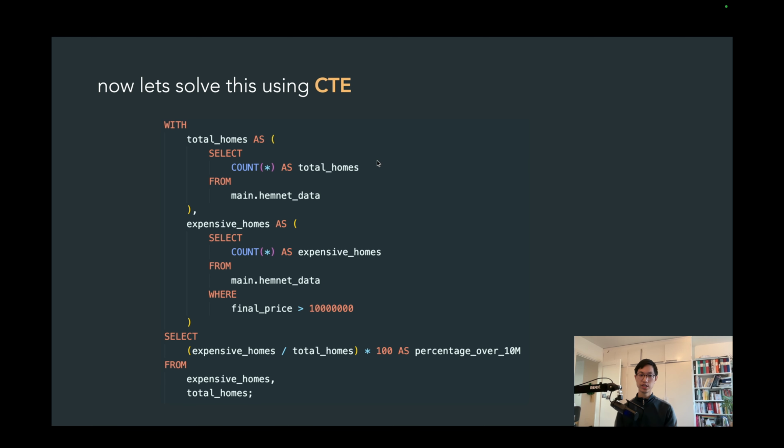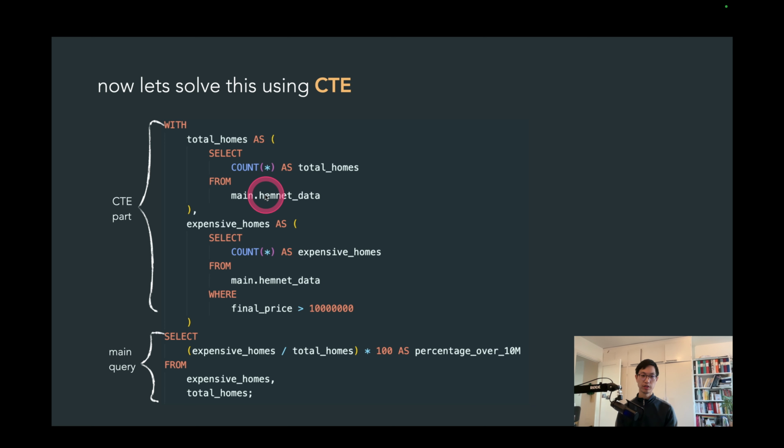So now let's solve this using a CTE. It looks like this. The question is, is this more readable? Someone would ask. It depends on whether you're used to CTEs or not. If you're used to CTEs, this is quite readable, so learn the structure of a CTE. Here we have the CTE part, and here is the main query. You can take all the intermediate parts from the CTE and use them in your main query.